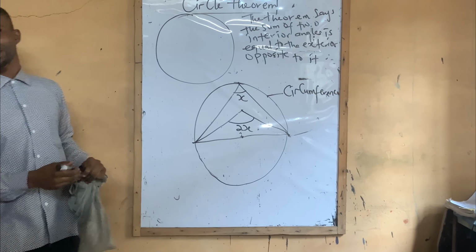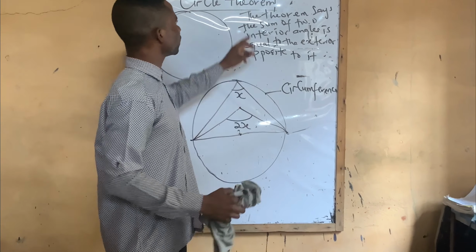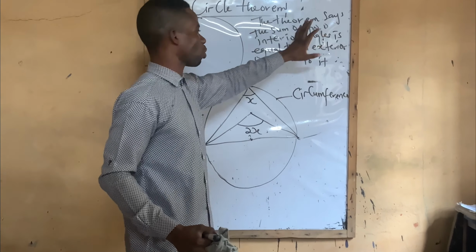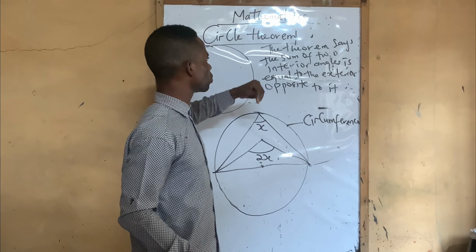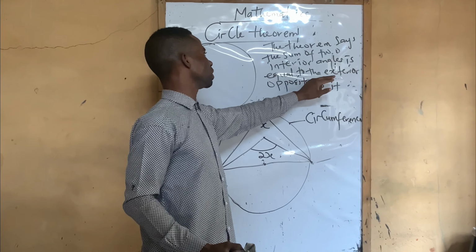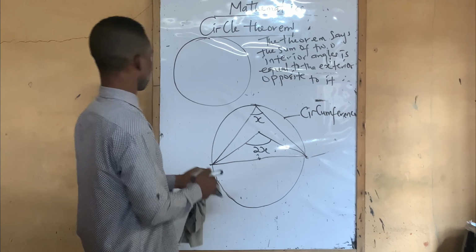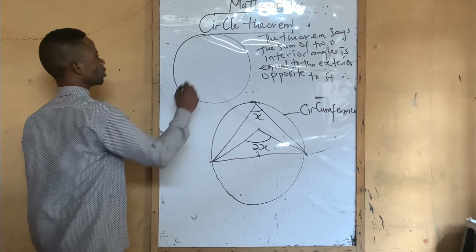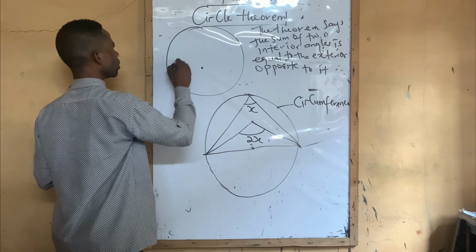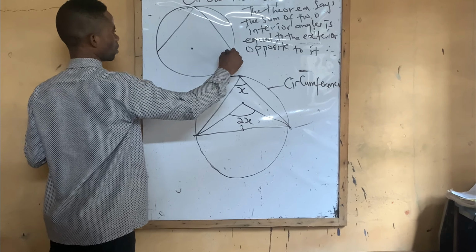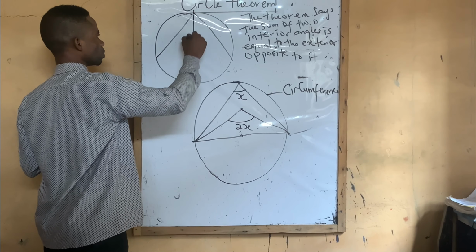Now, you have to understand this theorem also. One of the theorems of angles says that the sum of two interior angles is equal to the exterior angle opposite to it. Now, let me show you what I'm talking about.